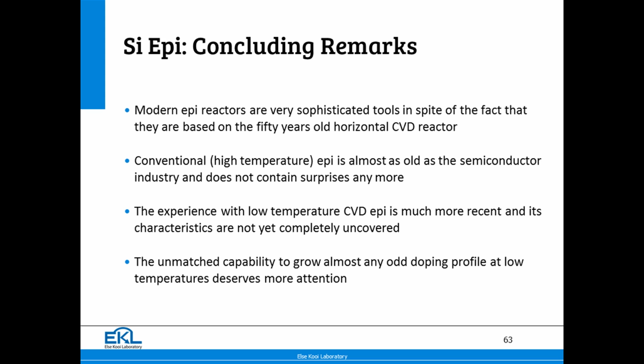When we started all this at the lab, I got requests to grow anything: Bragg mirrors, quantum wells, any profile, and suddenly that died away. Everybody focused on HBTs. I think it's time for the people involved in transistors to think about different profiles.